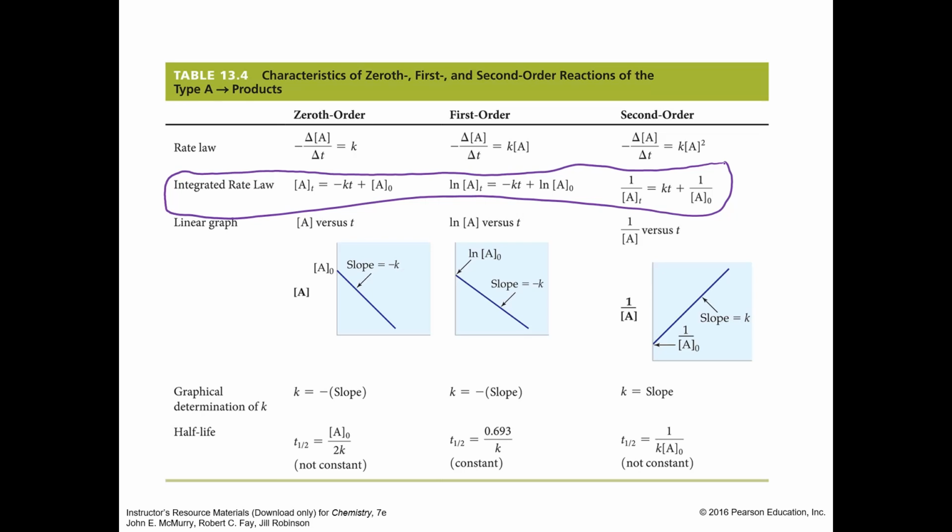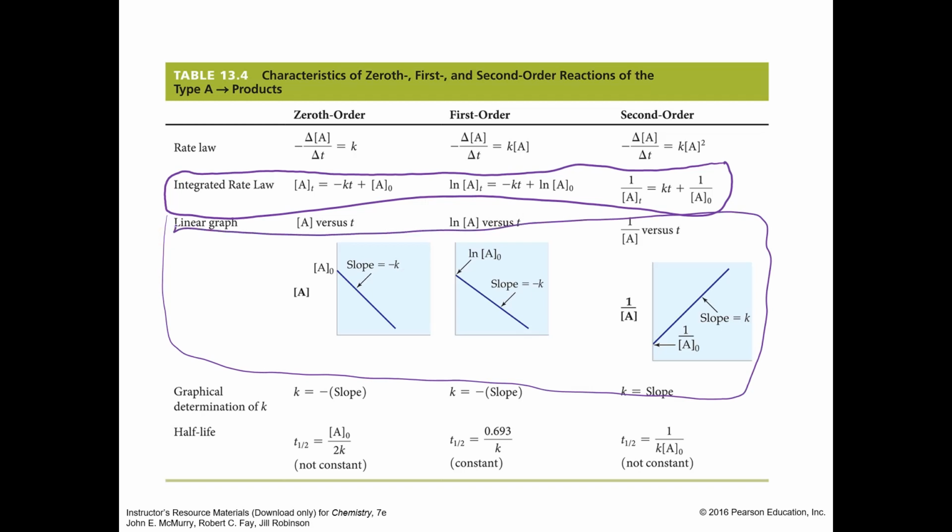If you're asked whether something is zeroth order, first order, or second order, and you've got a lot of data, one way you can deal with that is to make a graph. If the concentration of A versus T is linear, zeroth order. If natural log of A versus T is linear, that's first order. And if 1 over A versus T is linear, that's second order. This part is something that we will use quite frequently as well.